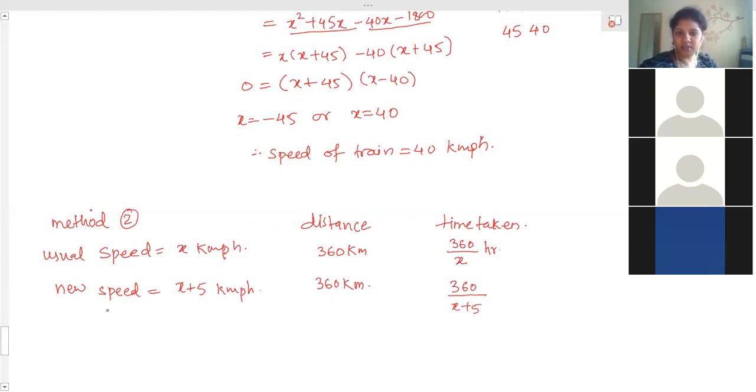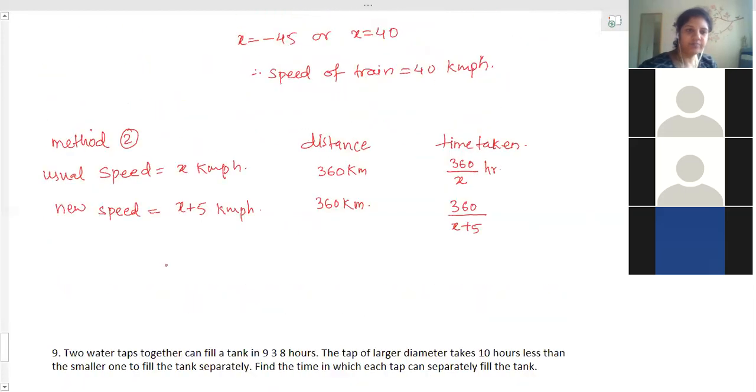With the new speed, the time taken is 1 hour lesser than the usual time. So that means the difference between these two is 1.